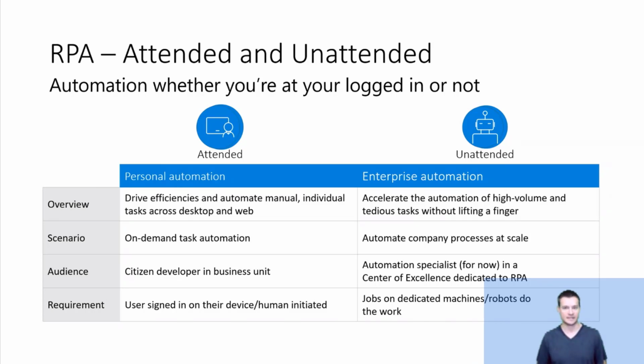The first mode is attended, which is the simulation of a logged-in user, so that the user can simply lay back, grab a coffee or popcorn and watch how the mouse is moving, how the data is being input into the fields, and how the bot is working instead of that user. It is intended to automate personal processes on the personal computer, and not a high number of executions in parallel or daily. This is just personal automation.